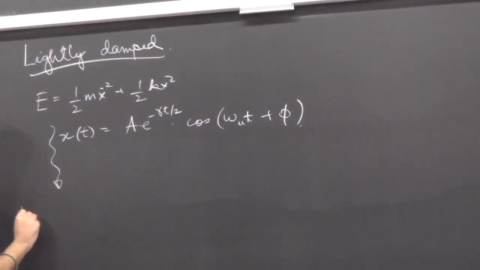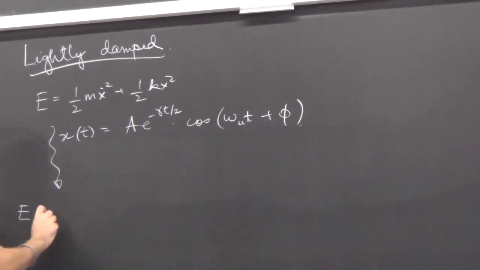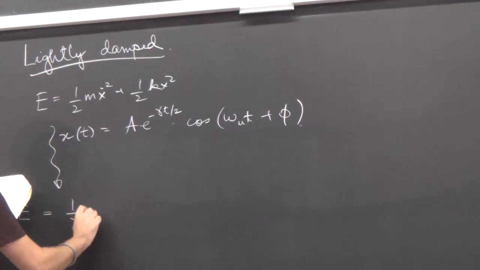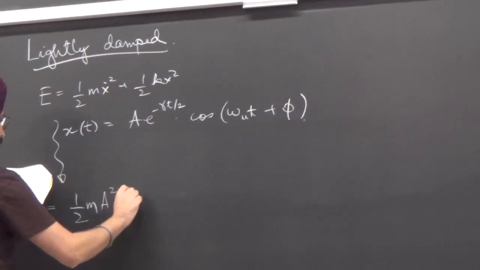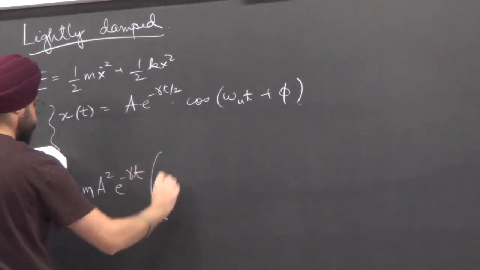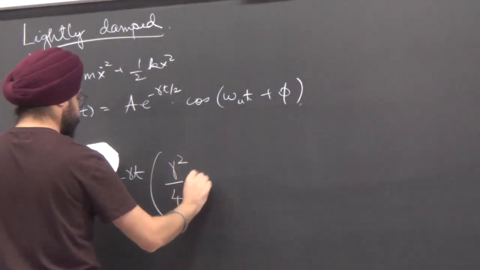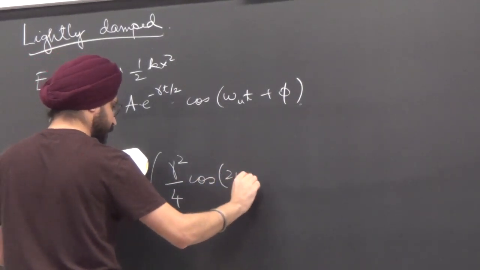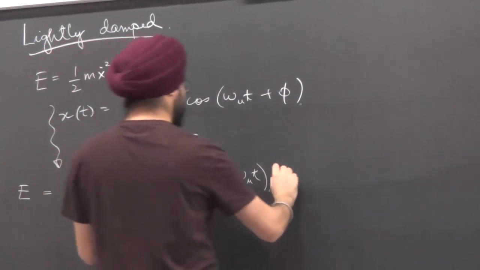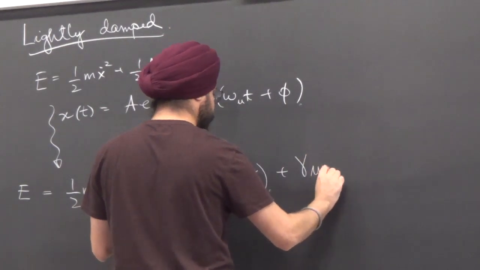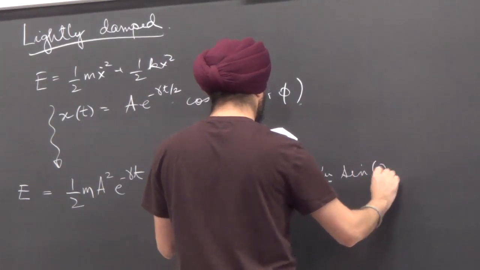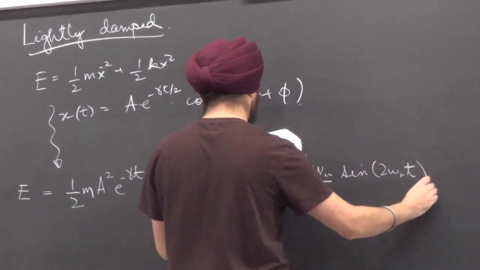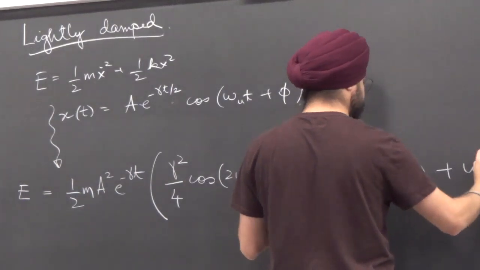I'll just give you the final answer and get you to the main point I want to emphasize today. So this comes out to be 1/2 m a squared e to the minus gamma t times [gamma squared over 4 cosine 2 omega u t plus gamma omega u over 2 sine 2 omega u t plus omega naught squared].